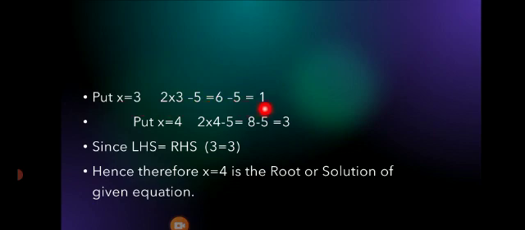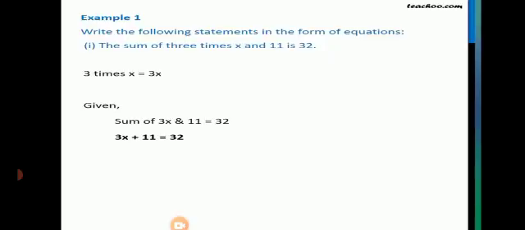Answer will be 1. Next, x equals 4. 2 multiplied by 4 is 8. 8 minus 5 is 3, which is equal to the right hand side. Therefore, x equals 4 is the root or solution of the given equation.